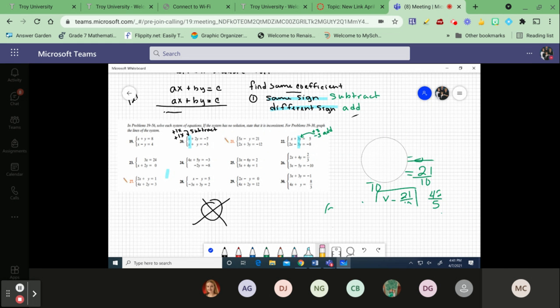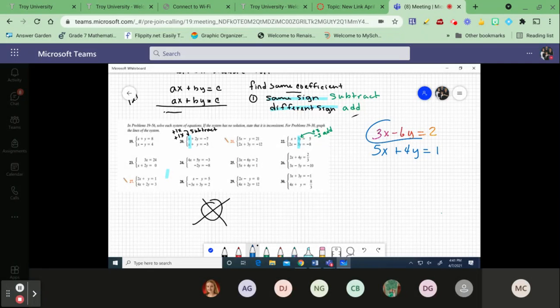Nobody's the same. 3x minus 6y equals 2, and 5x plus 4y equals 1. No?